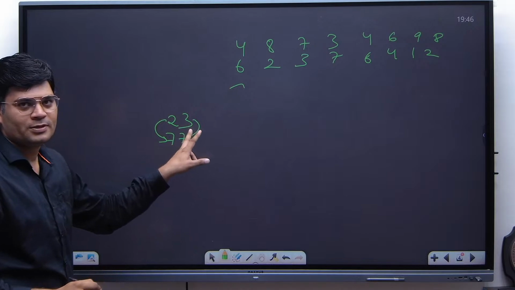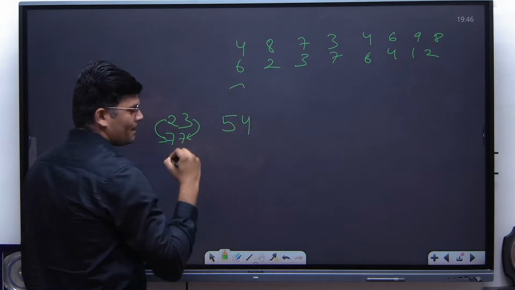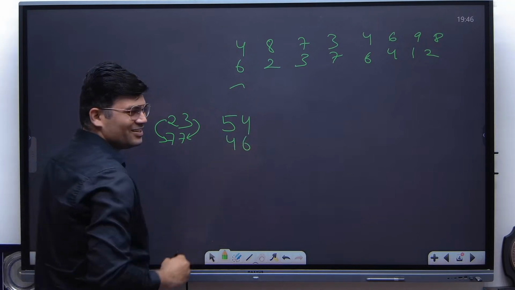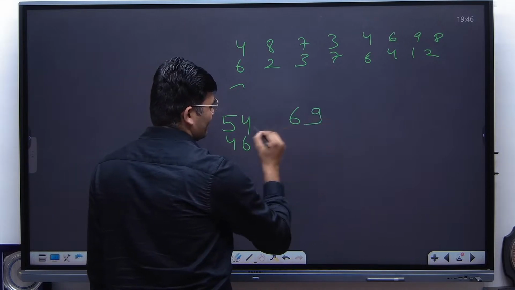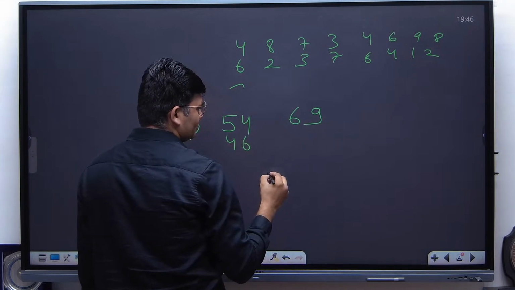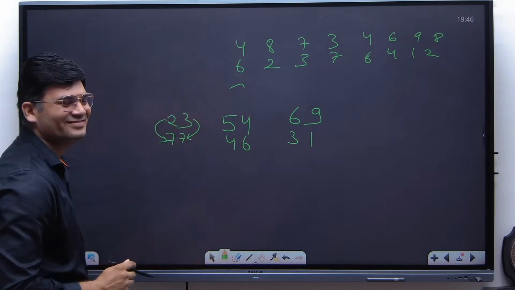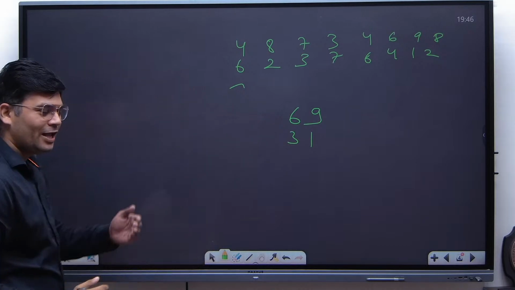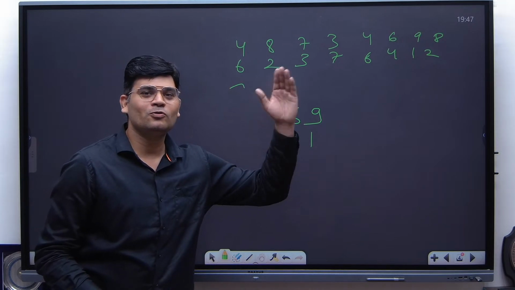Focus on these two numbers. Ready? 54. 46. Be quick. 69. 31. Okay, 5 mistakes are allowed. If you can give me 10 correct answers, we will move on to the next step.